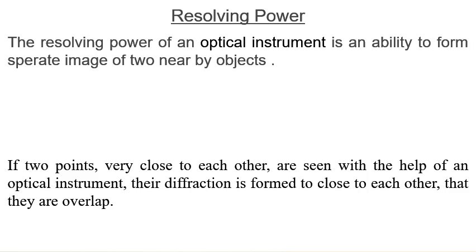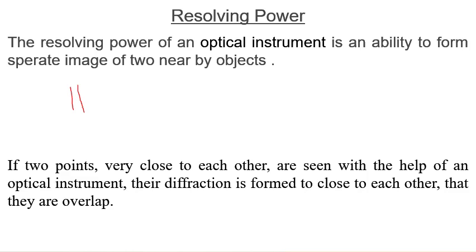So what is the resolving power? The resolving power of an optical instrument is its ability to form separate images of two nearby objects. Suppose you have two nearby objects, or we can say two lines having the same intensity and placed very near to each other.